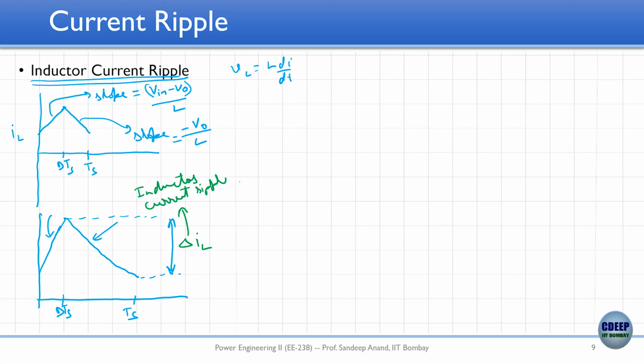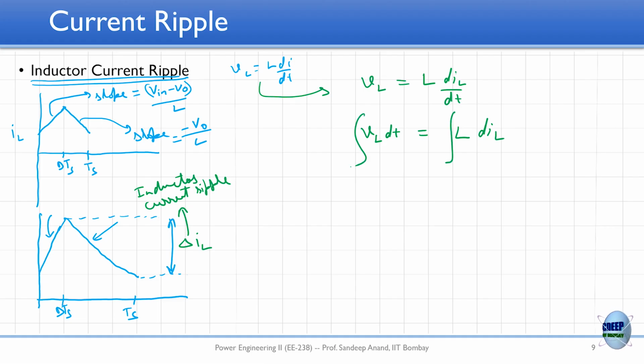And how can we find the expression? We start with the same equation, V equals L di L by dt, so VL dt is equal to L di L, right, and we integrate, and I understand that my current is minimum at 0 and current is maximum at dTs.